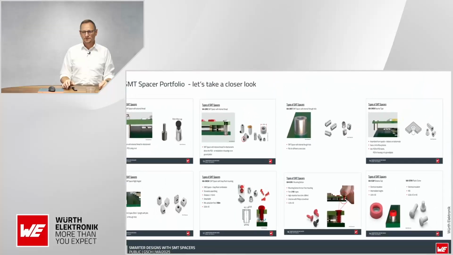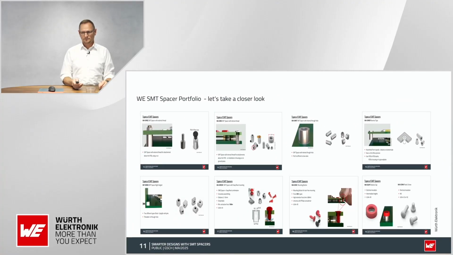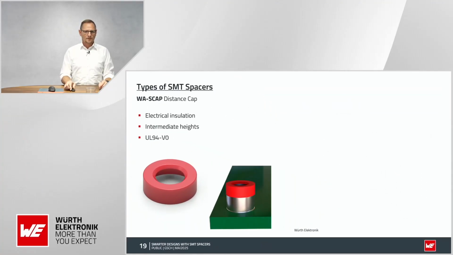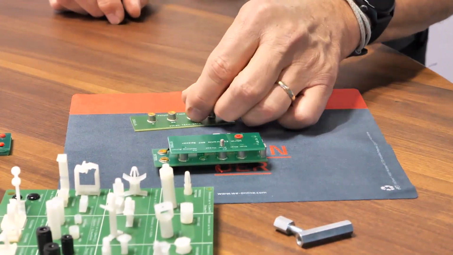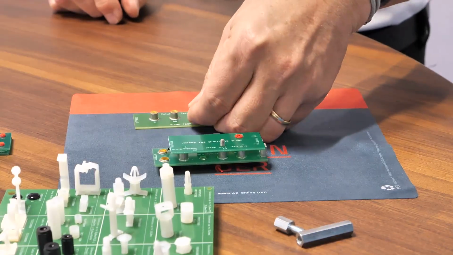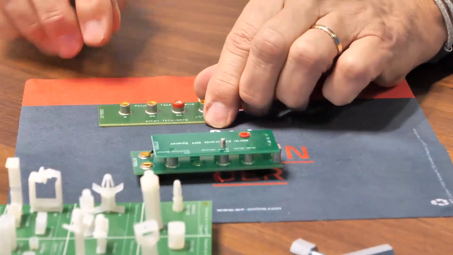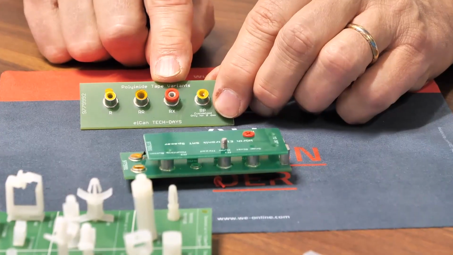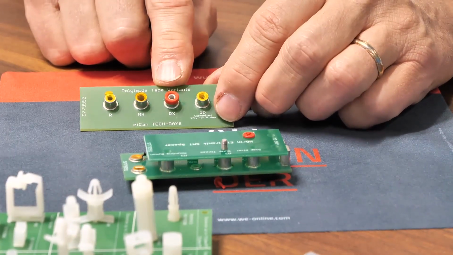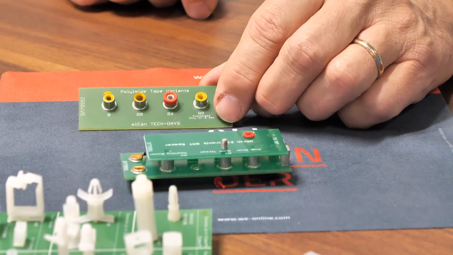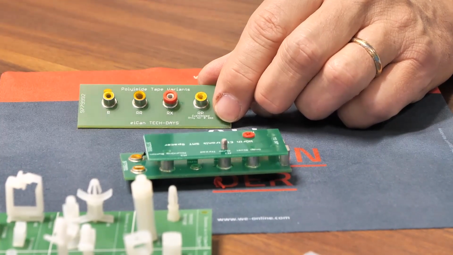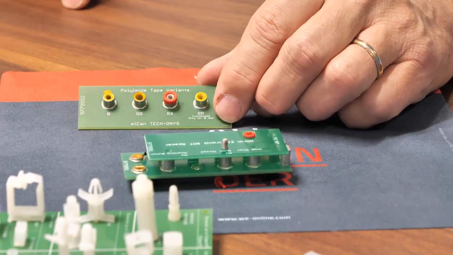So here's some more. Then we also have some other components here, like a distance cap. It's made of plastic, and you can use it for all the 6mm types to gain electrical insulation, and it's exactly 0.5 millimeter in height, so you can also reach the intermediate height if you're missing that in the row of the different heights.